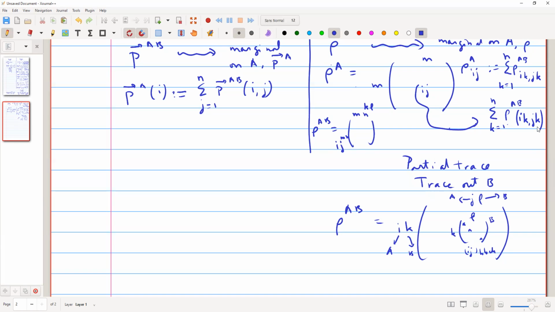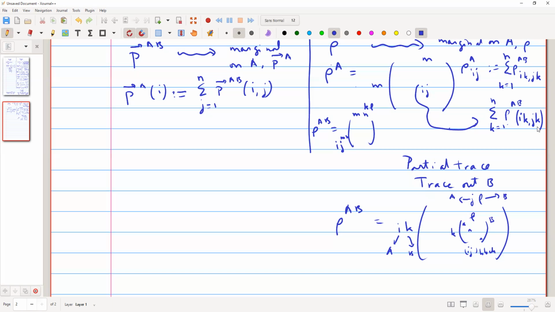So in other words, I take the full matrix AB and break it up into blocks. The blocks act on the system B. The names of the blocks are indexed by ij, where i and j are indices for A. And now I take the trace in each block. That's why it's partial trace: trace in each block. The full trace is when the entire matrix is one block and I take the trace.